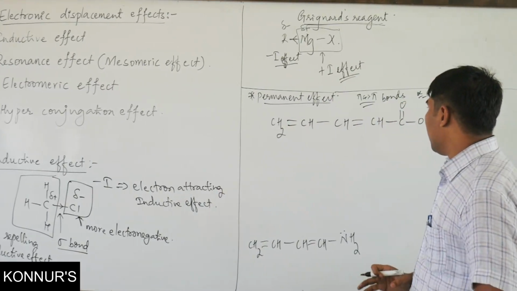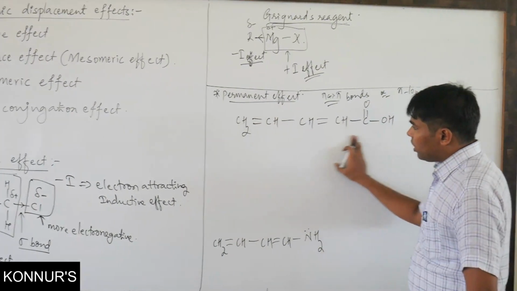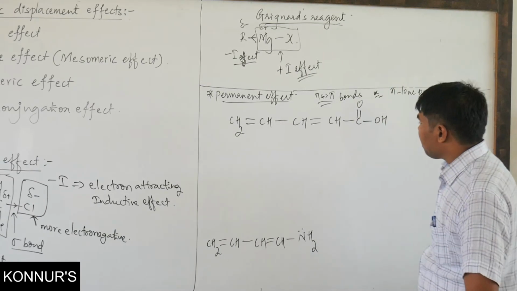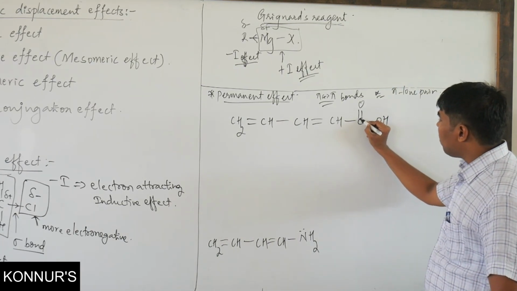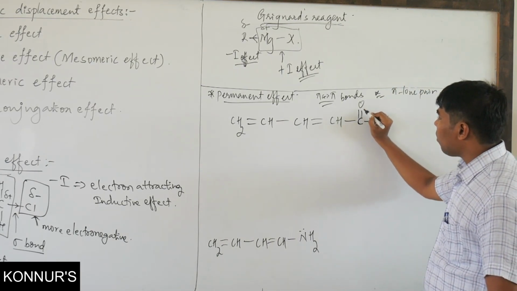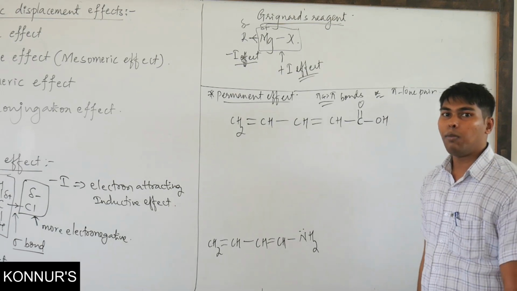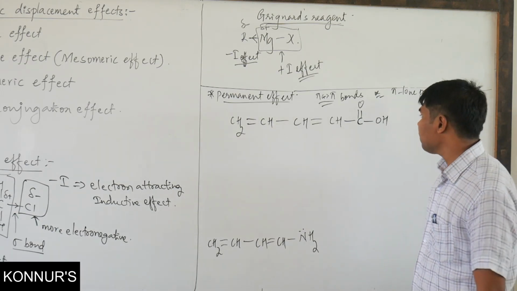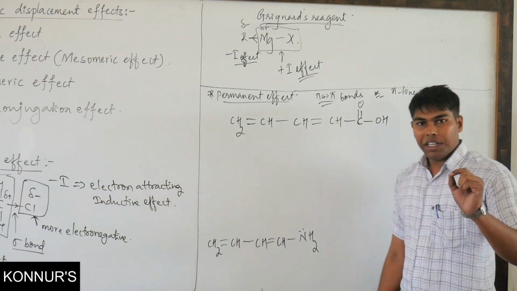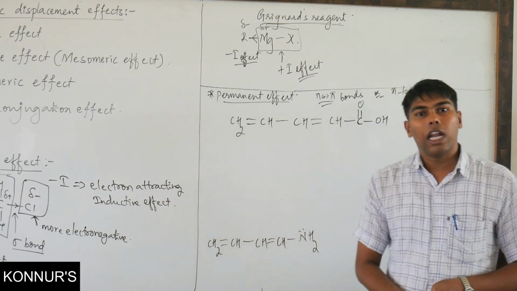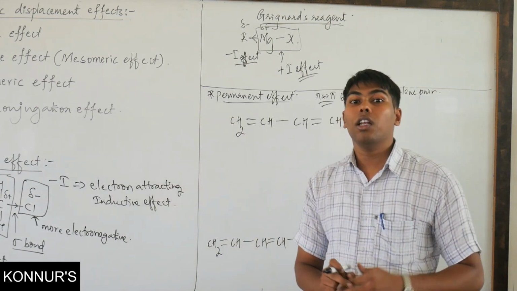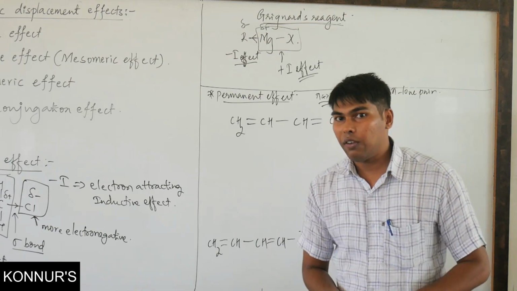Here, if I talk about this compound, there is a double bond between carbon and oxygen, where one of the bonds is a pi bond, and we already know that the pi bonded pair of electrons will shift towards the more electronegative atom.